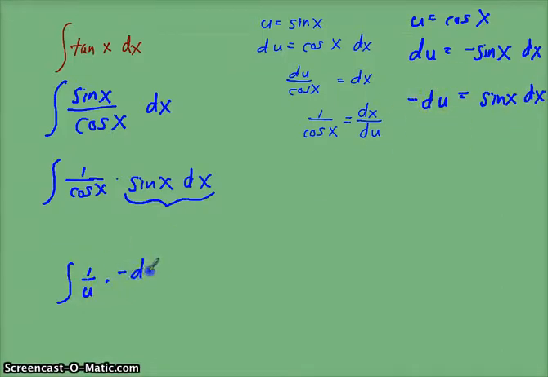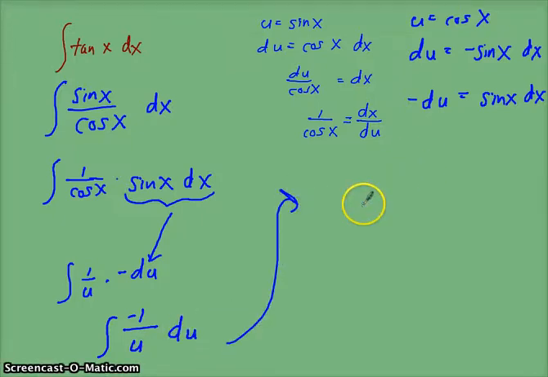That's negative du. Again, if you need to, that's really -1 over u du. Okay. And I can bring the -1 out if you want. Again, I'm just showing you each step. You're going to find your own shortcuts.